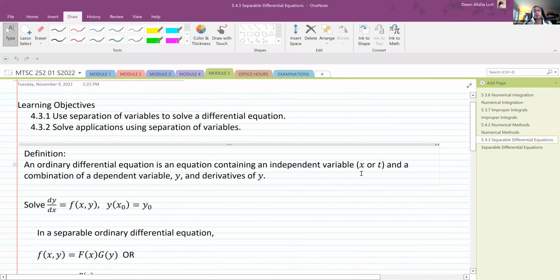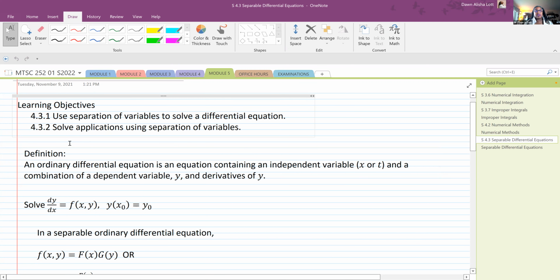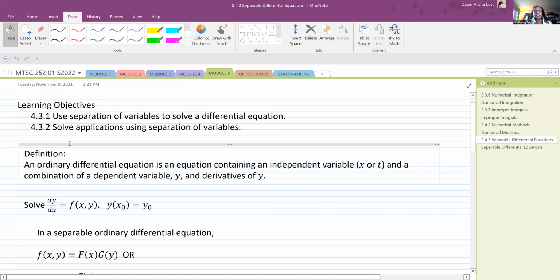I just want to remind you of the definition that I used on Tuesday: an ordinary differential equation is an equation containing an independent variable x or t and a combination of a dependent variable y and its derivatives. And we said that a first order differential equation only has one derivative of y.